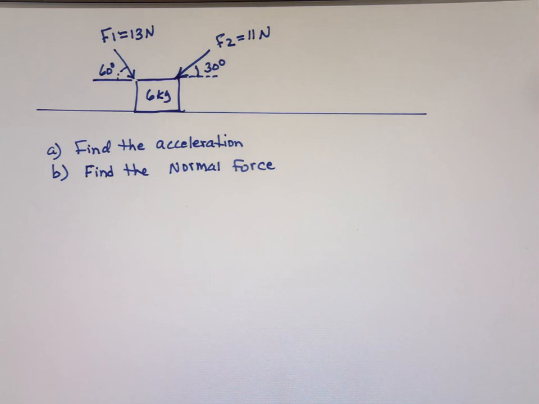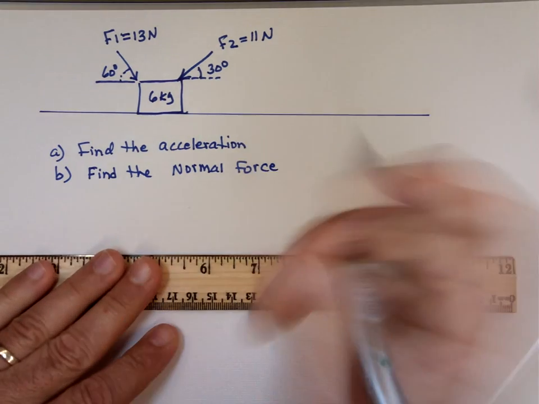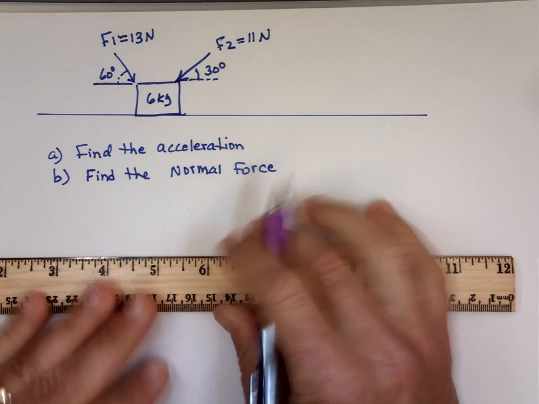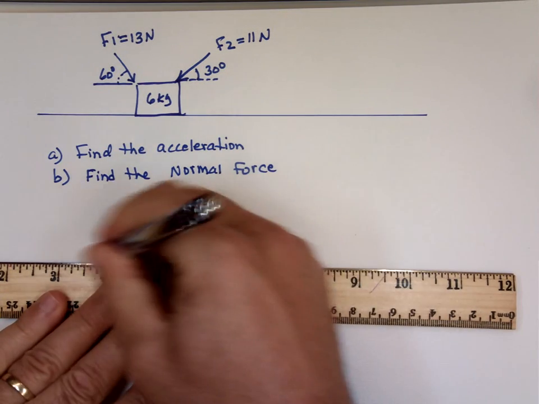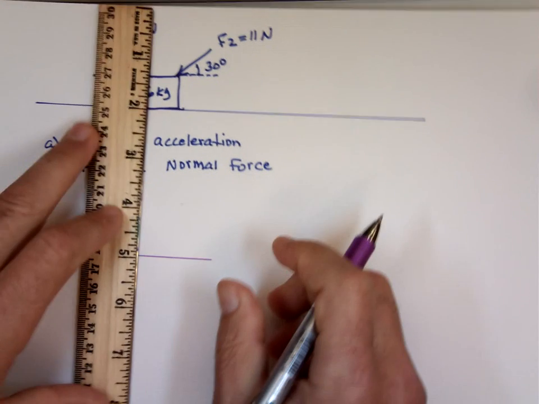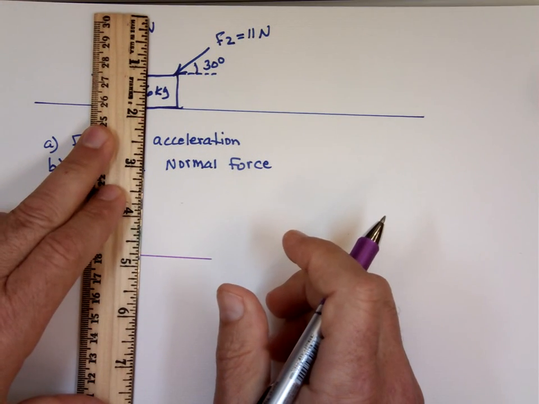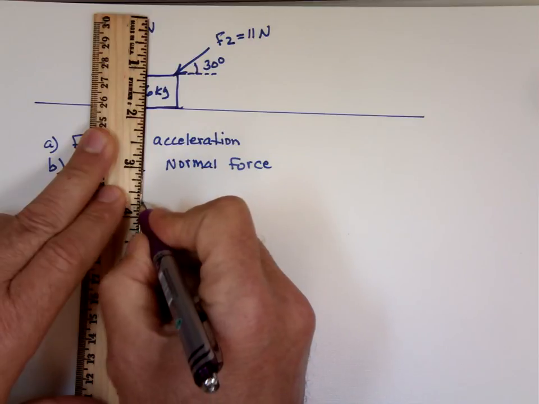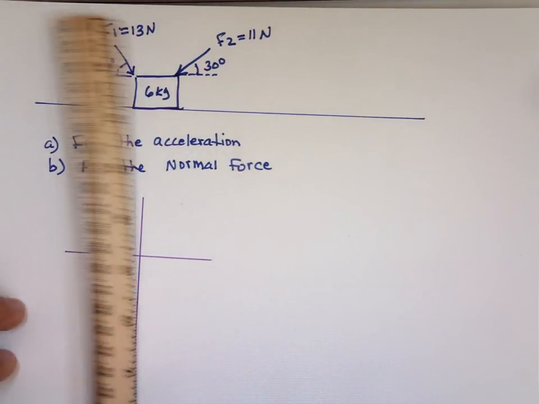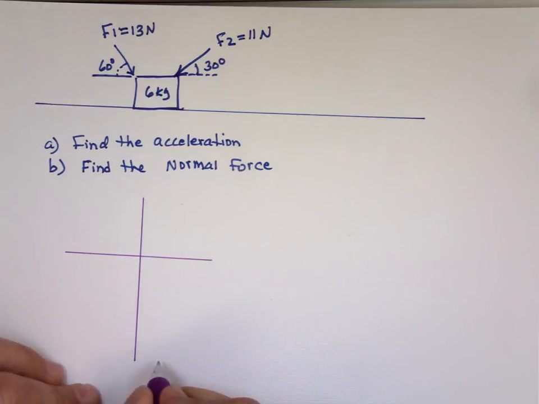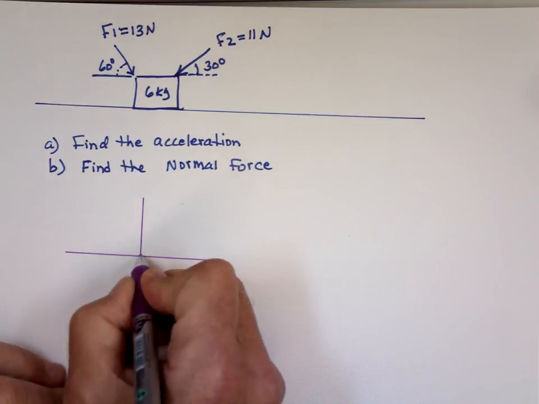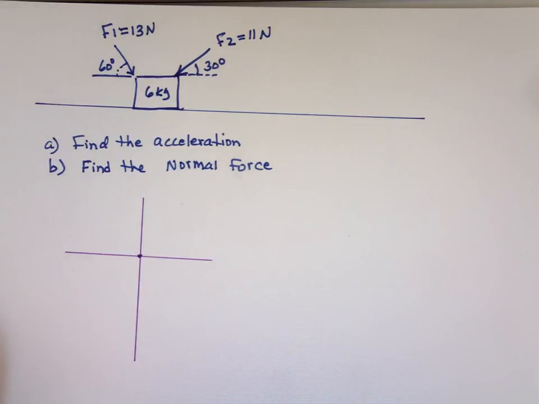Free body diagram, here we go. I'm going to make the center of this actually the box, the 6 kilogram. So this is the 6 kilogram right here. That little dot is your 6 kilogram. What are the forces?